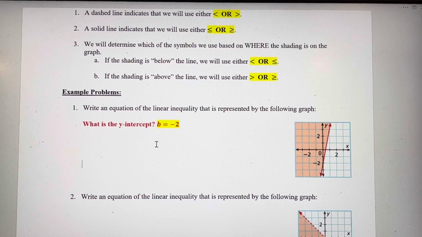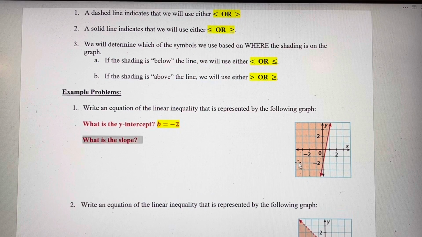The slope, remember, I'm going to have to count that. I don't have to use the formula here. So what is the slope? Well, from this y-intercept, I can count. I'm going to go up 1, up 2, up 3, up 4, up 5 before we go over 1 full unit. So the rise here is 5, the run is 1, so my slope is +5.